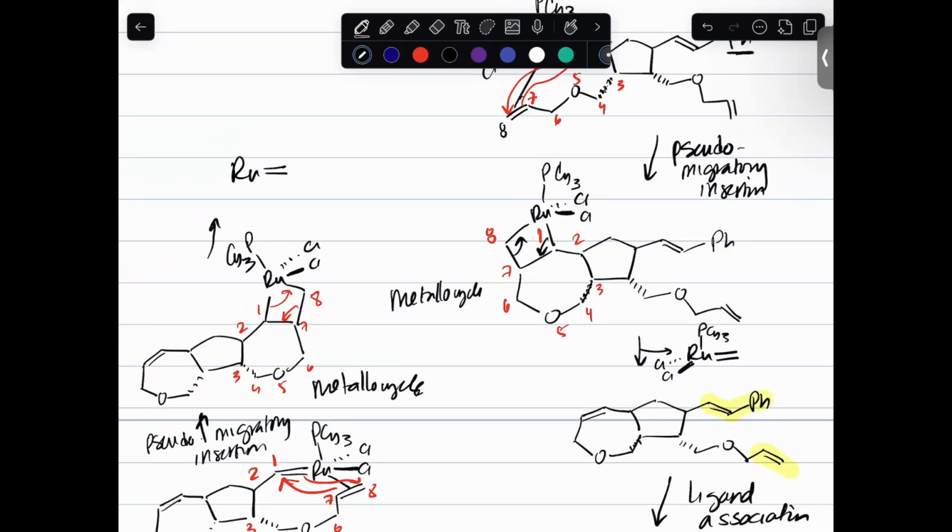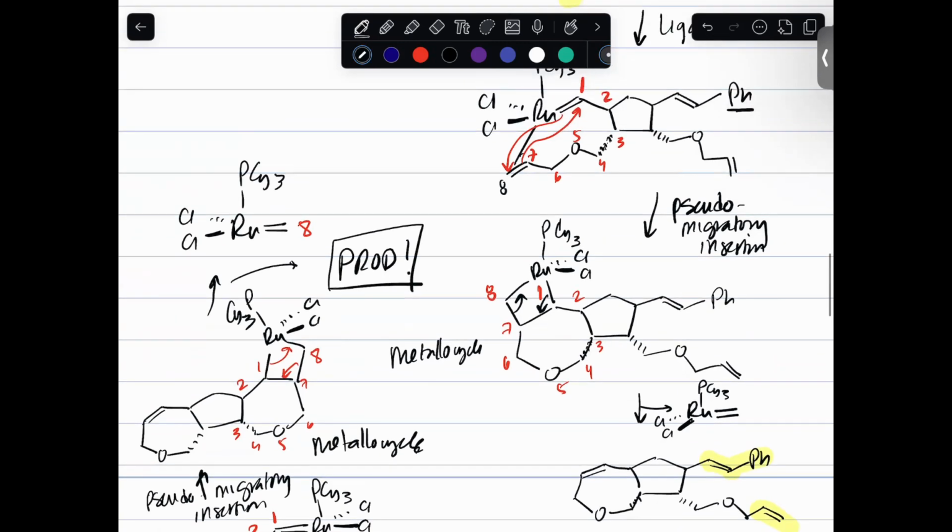Plus my ruthenium carbene with carbon 8. Okay. And of course, our desired product from above.